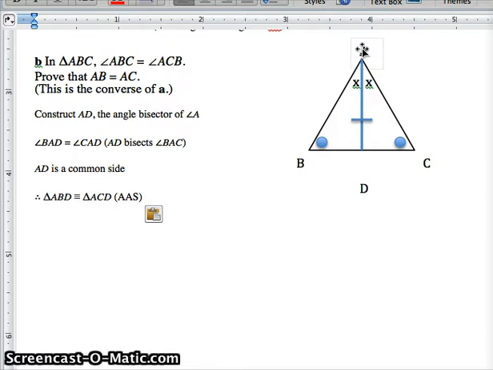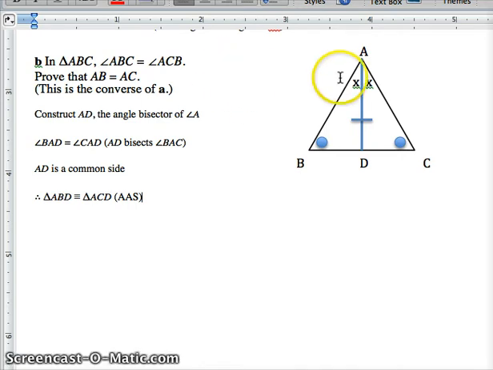We need to state the vertices in matching order. So A with the cross, B with the circle, D with the blank angle. In matching order we have A with the cross, C with the circle angle, and D with the blank angle. So we can say that triangle ABD is congruent to triangle ACD, and the reason is AAS.